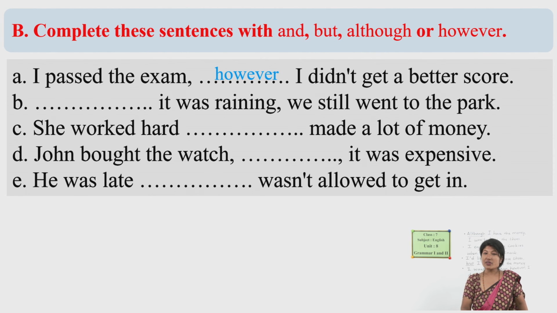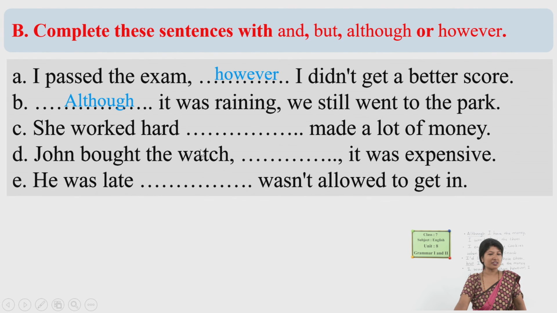However, I didn't get a better score. Number B. It was raining. We still went to the park. It was raining. Then what is the suitable word over here? Although, right? Although it was raining, we still went to the park.